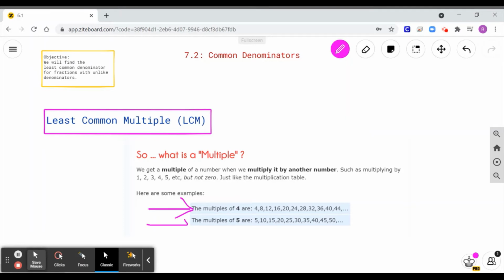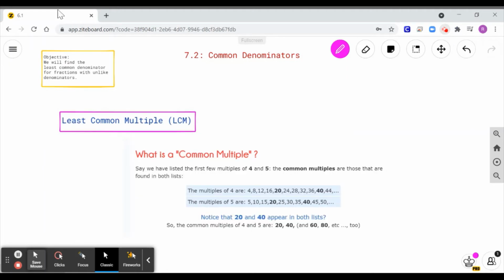Same thing with 5. 5 times 1 would be 5. 5 times 2 would be 10, then would come 15, 20, 25, 30, 35, 40, 45, 50, okay? So that's what we mean when we say multiple. Taking it a little further, we need to talk about what a common multiple is.